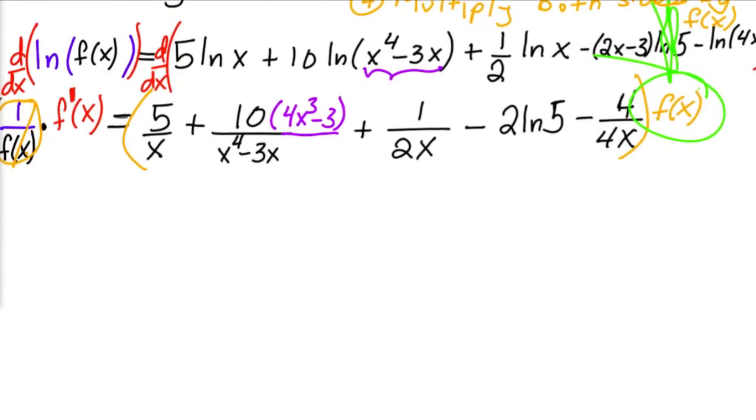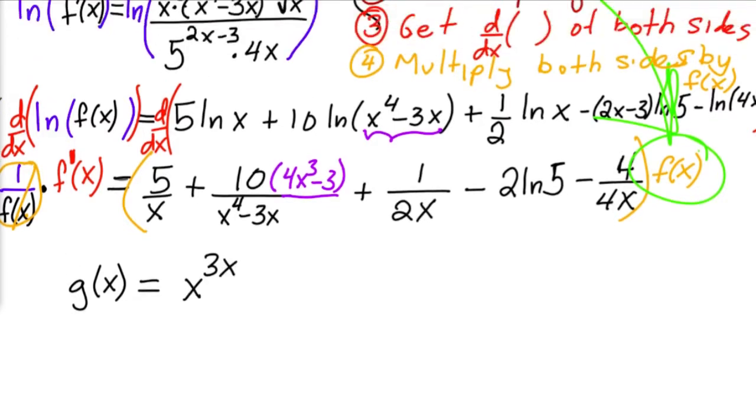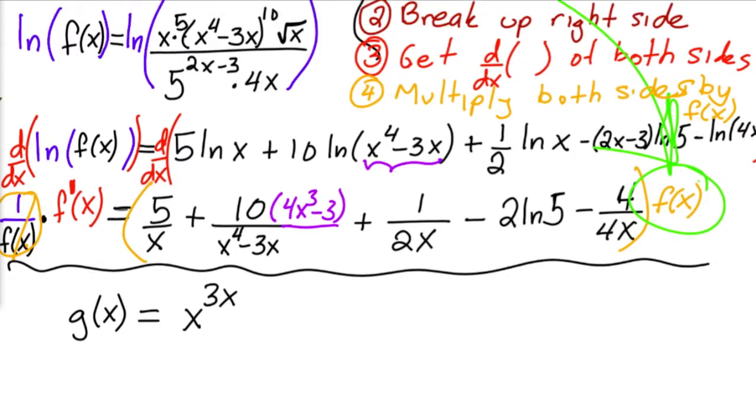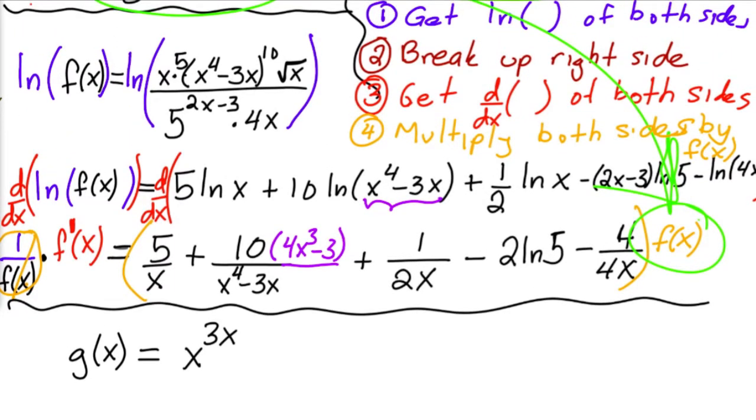So let's say we want to get the derivative of x raised to the 3x. So let's go through the steps. Step 1, get the natural log of both sides. So natural log of the left side, natural log of the right side. Okay.